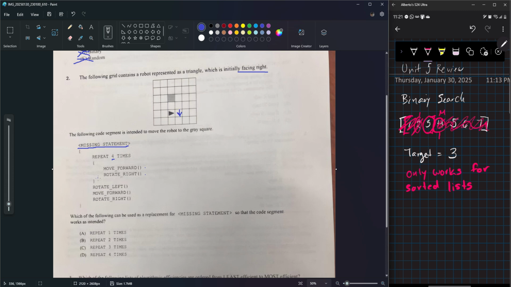And then it repeats. So we're going to do that 4 times. So then it's going to move forward again. Now it goes here. And then it rotates to the right. Because it's pointing down, right? So then it's going to point this way, then it repeats again.